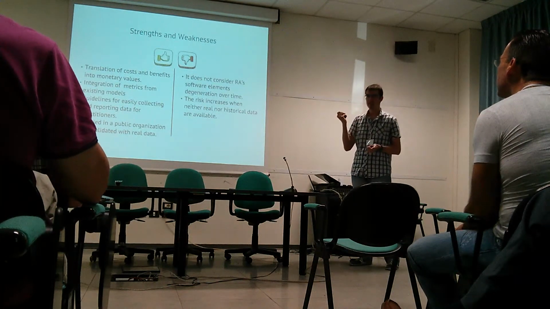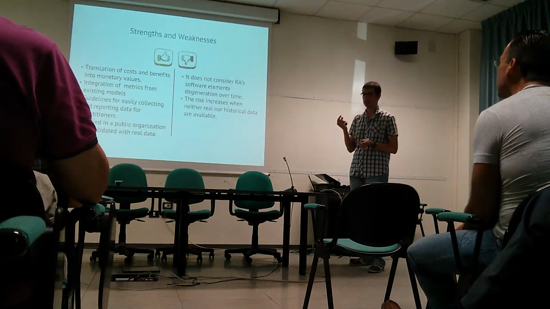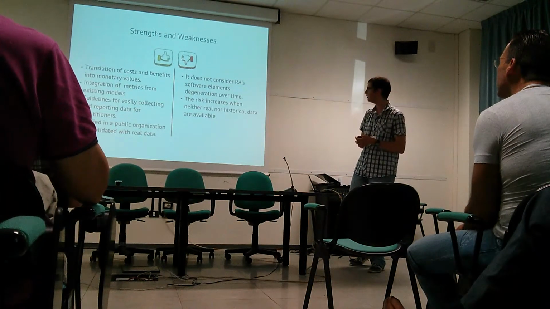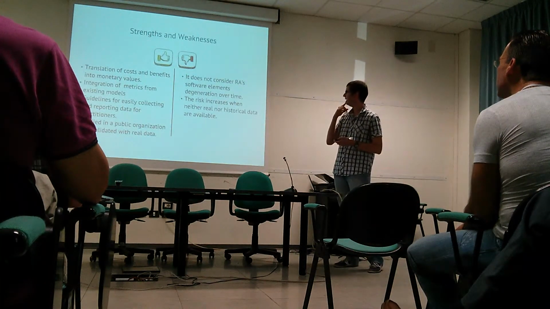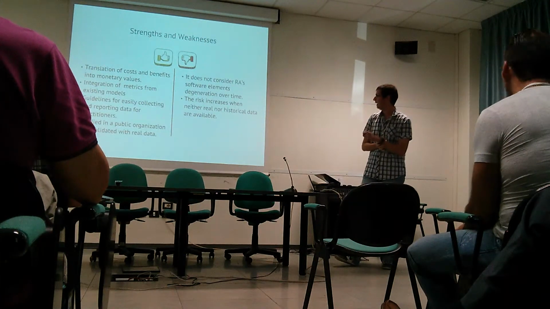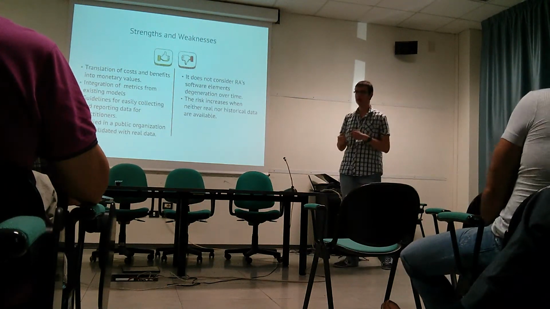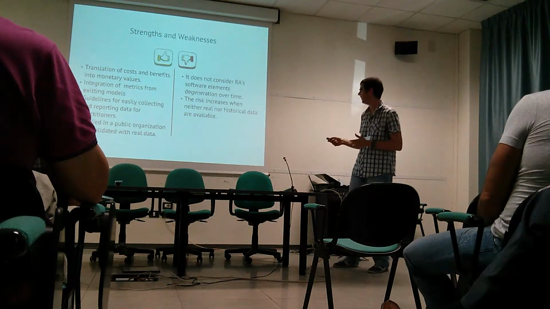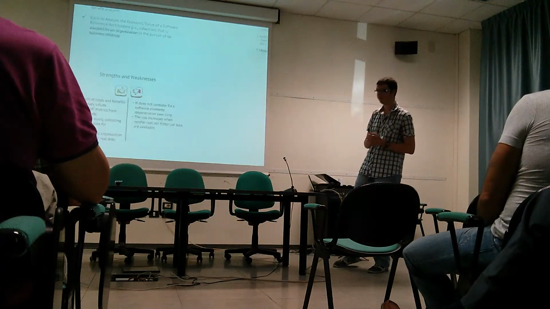the way in which we calculate the maintenance cost does not consider software element degeneration over time, and the risk increases when we don't have real data to use the model.